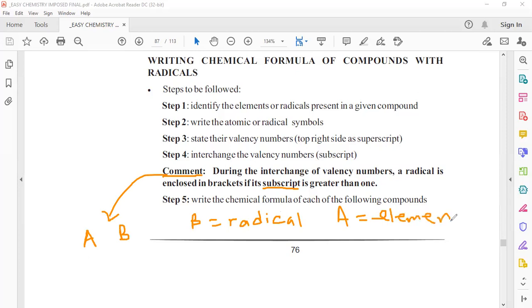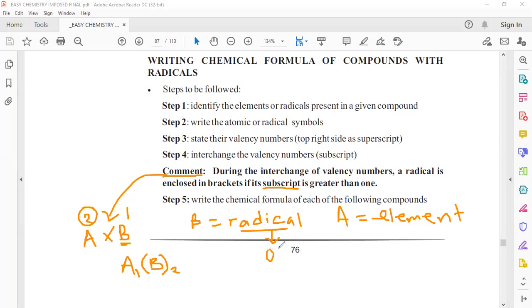What this comment means is that if you have a 2 and you have a 1, when you interchange, A gets 1. But if B is a radical and the number which is more than 1 is a subscript, the B should be put in brackets and then the 2 is put there. Remember, a radical is a combination of elements.